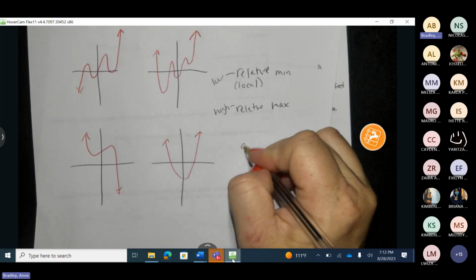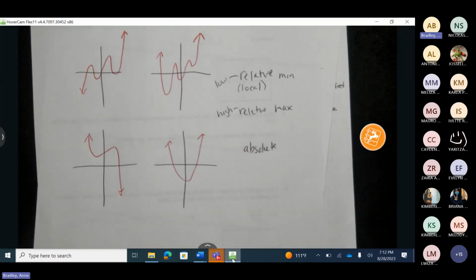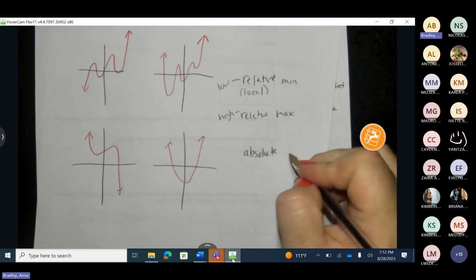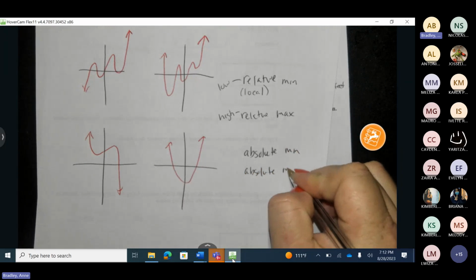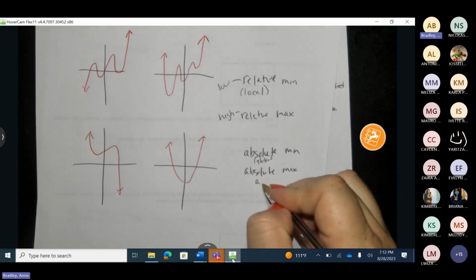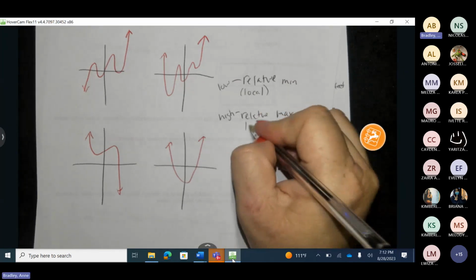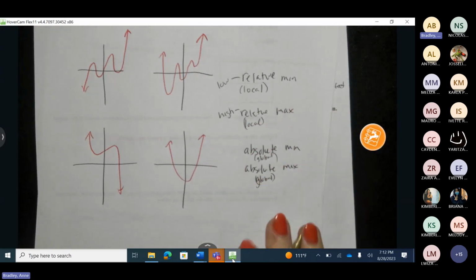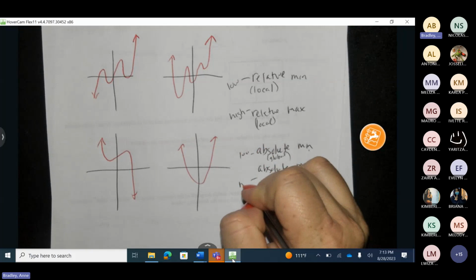So if it's the lowest or the highest, we call it absolute, because there's absolutely no other point that ties it or is greater. So we have absolute minimum and we have absolute maximum. And again, if you got tutoring from somebody else or you Googled this, they may refer to absolute as global. We'll talk more about that when we get closer to that test at the end of year. But again, minimum is a low point and this is the high point.